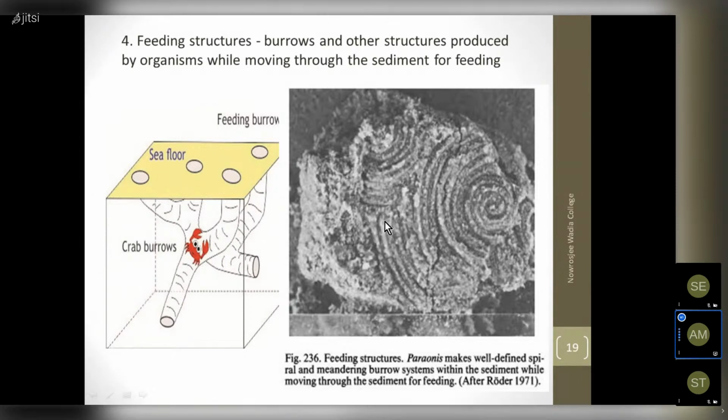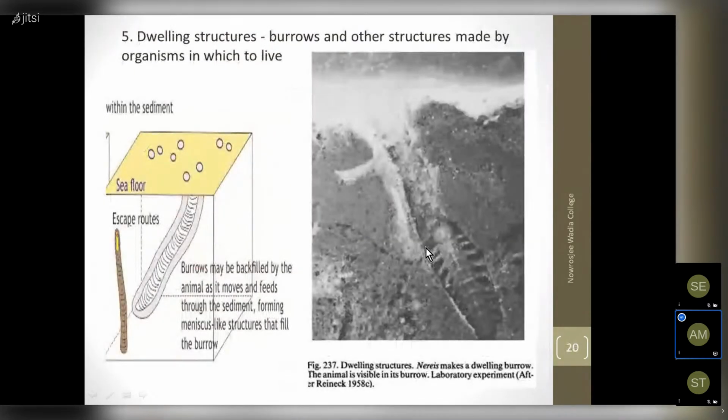Here we can see as well a well-defined spiral and meandering pore system. And the fifth one is dwelling structures, which are pores and other structures made by organisms in which to live.